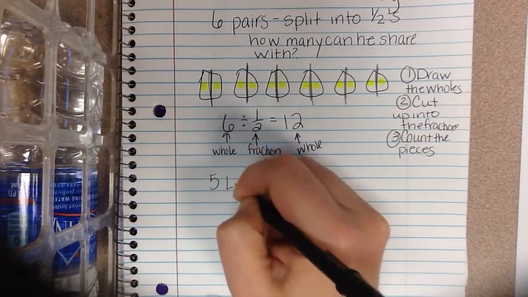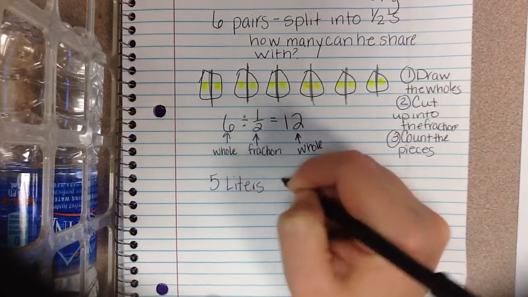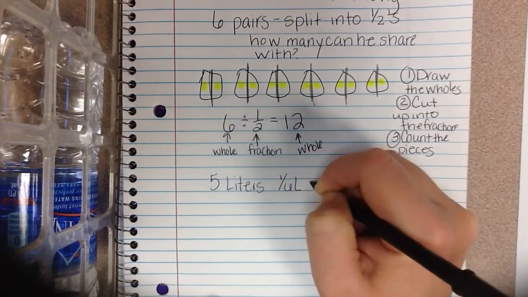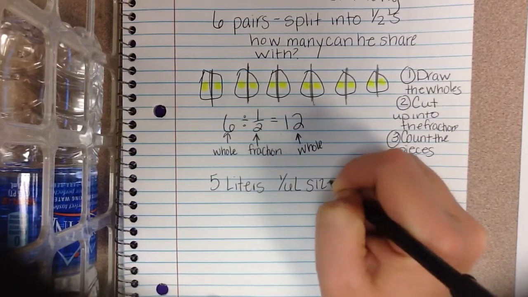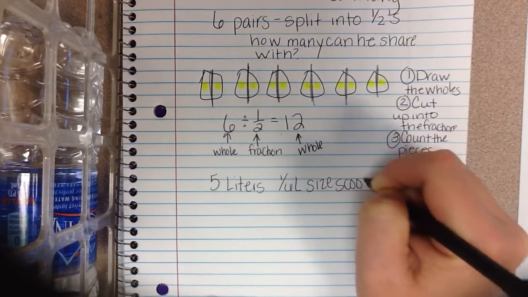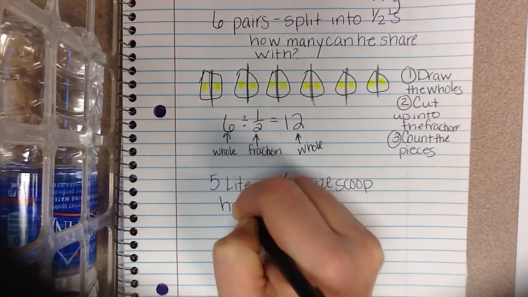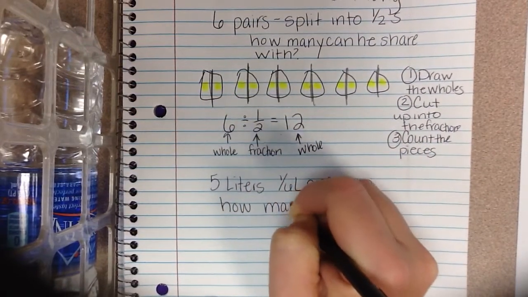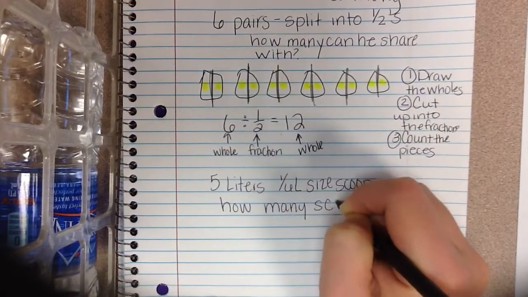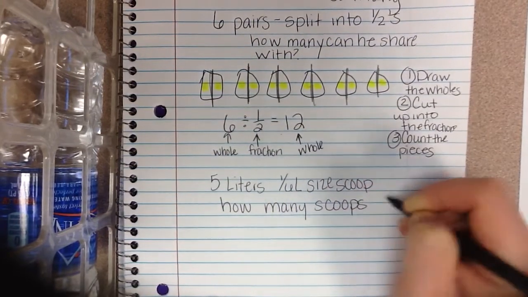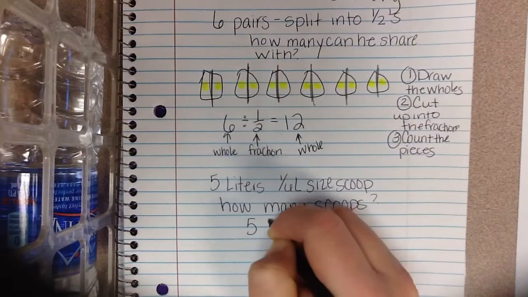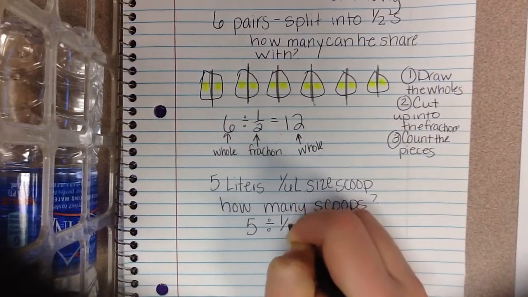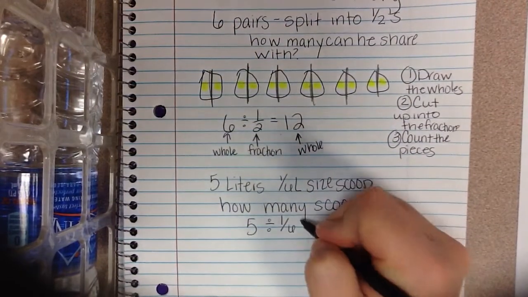So I have 5 liters, 1/6 liter size scoop. How many scoops? So I'm dividing, I'm taking out. I'm going to do 5, and I'm going to see how many 1/6 fit in there.